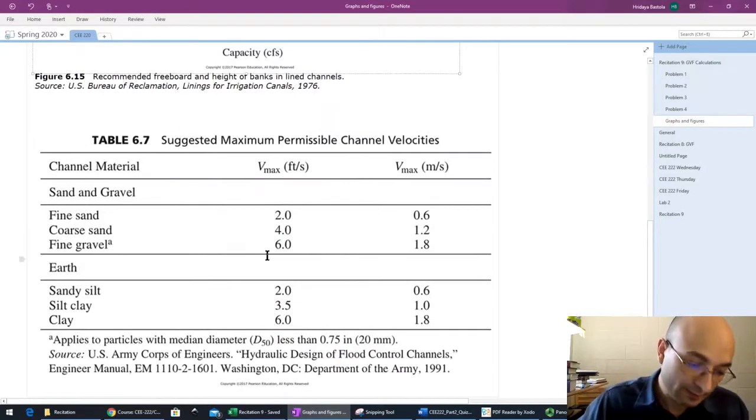Table 6.7 provides the maximum permissible velocity for different types of channel material. In our case it's silt clay. We're looking at units of SI. So we have a maximum velocity of 1 meter per second.